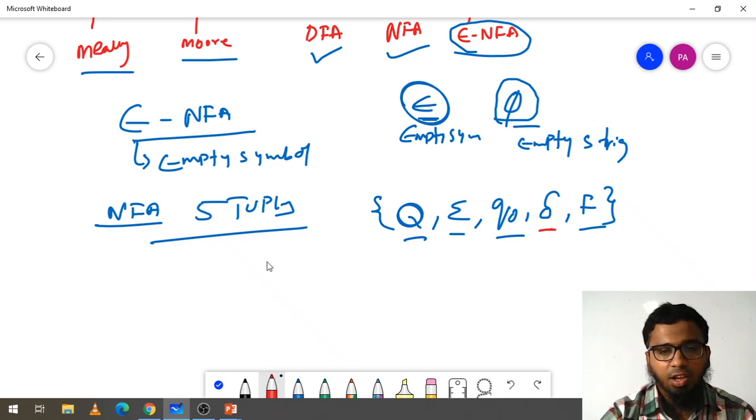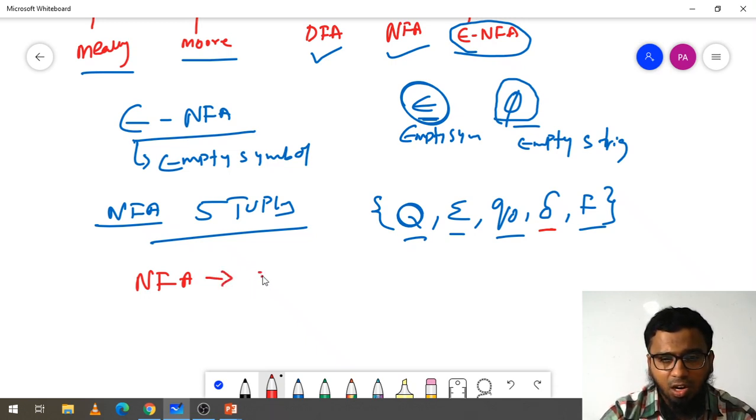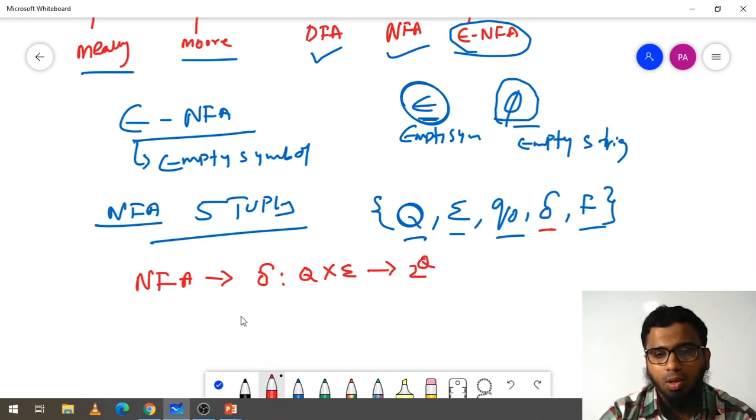Let's see here. I hope you remember, in NFA, delta is Q cross sigma, so the answer we will get is 2 to the power of Q. This is regular NFA.